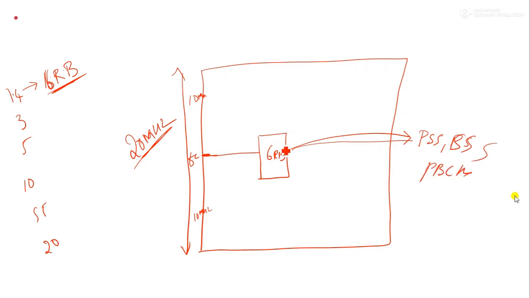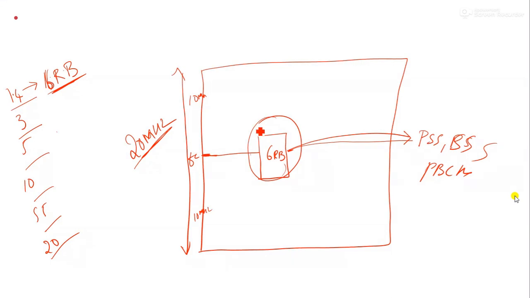That is why the PSS, SSS and PBCH come within this first central 6 resource block itself, because the bandwidth can be 1.4 or 3, 5, 10, 15, 20, anything is possible. That's why the frequency domain is fixed for 6 resource blocks. I hope you got this point. Any doubts in this?